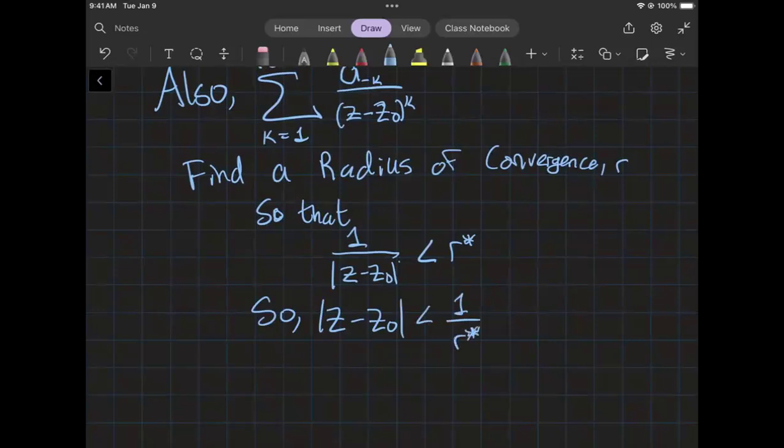Basically your circle will have an inverted radius.